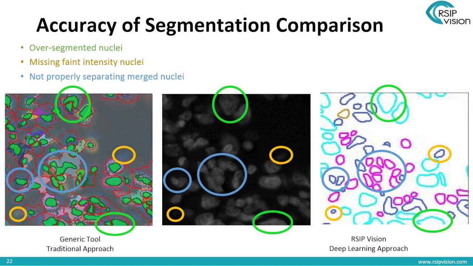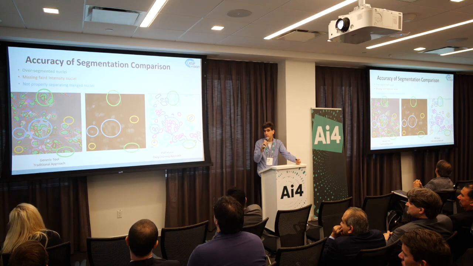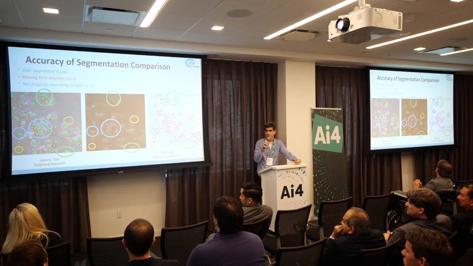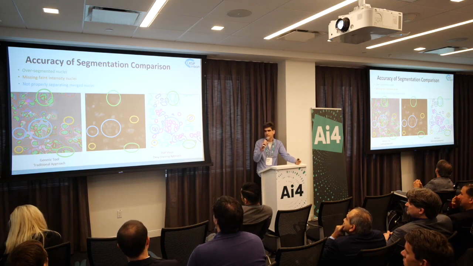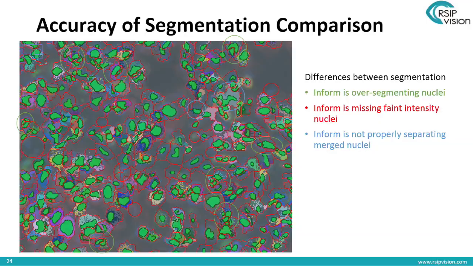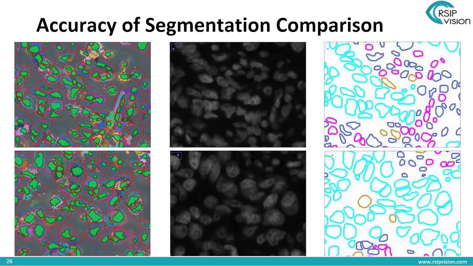But if you look closely, you can see that the purple result on the right is actually the way that these nuclei should be separated from each other, and classical watershed type methods are just going to fail. These are more comparisons, basically the same idea.